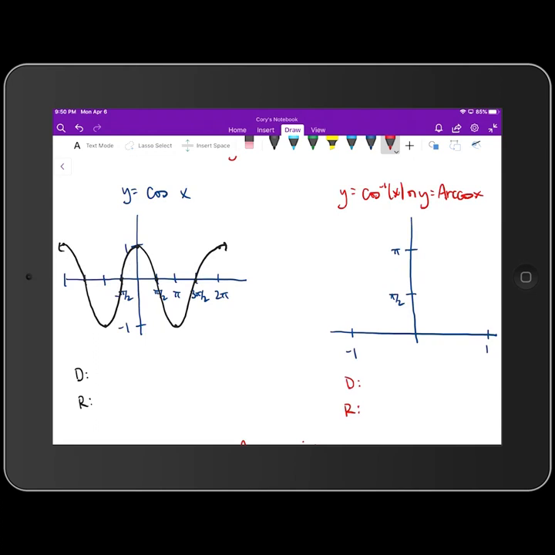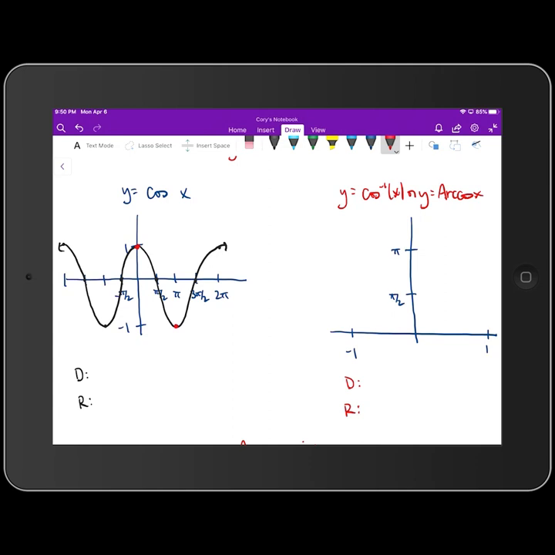So the graph of y is equal to the cosine of x is in black. Again, it's not a one-to-one function, so we need to restrict the domain to make it one-to-one. The way we restrict the domain of the cosine function is we're going to look at the graph of cosine in between 0 and pi.